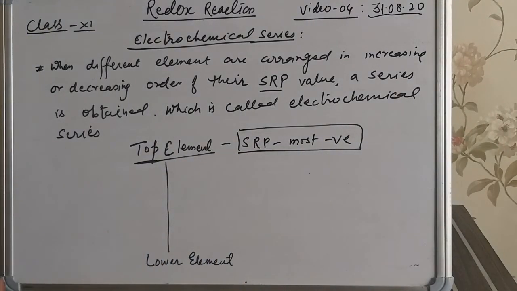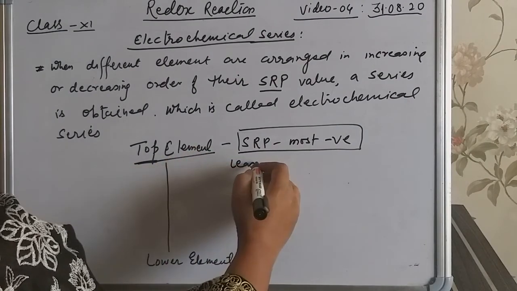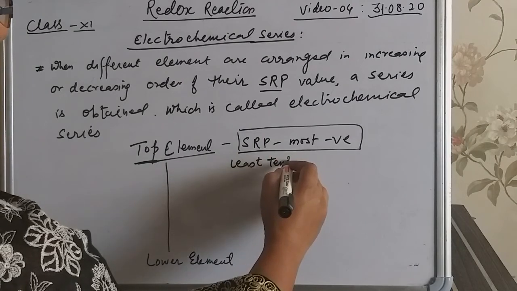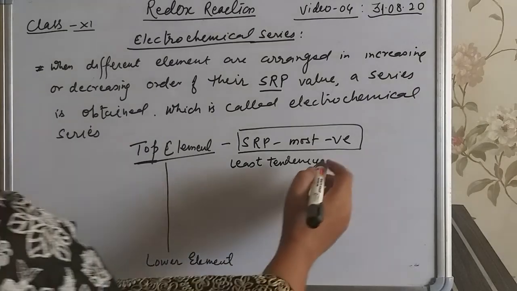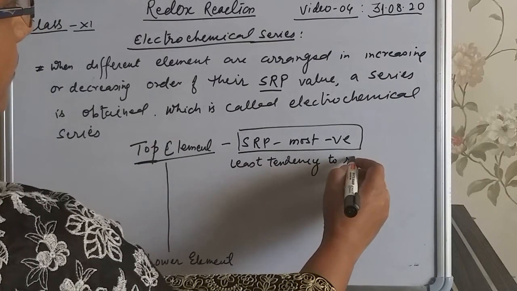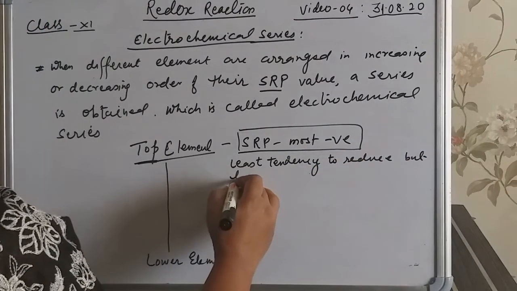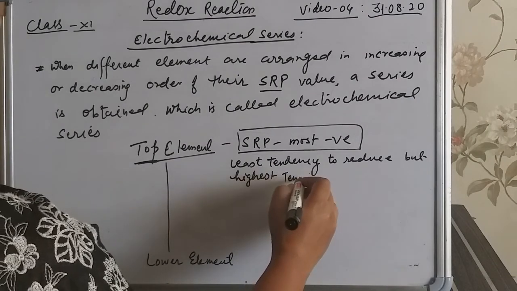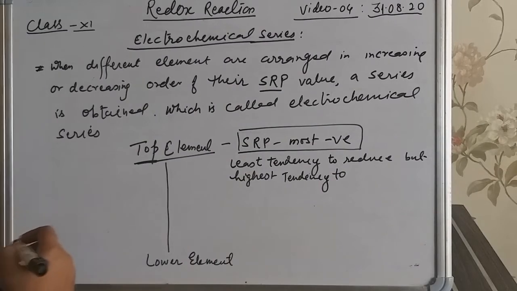It means these elements have least tendency to get reduced but highest tendency to get oxidized.